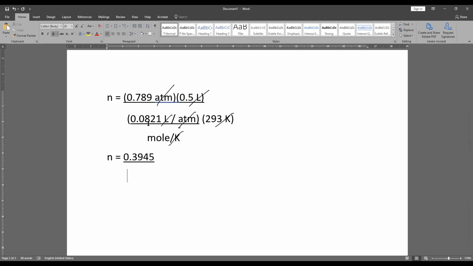It is 240.553. Underline. And we have mole. n is equal to, or mole is equal to, wait, what?